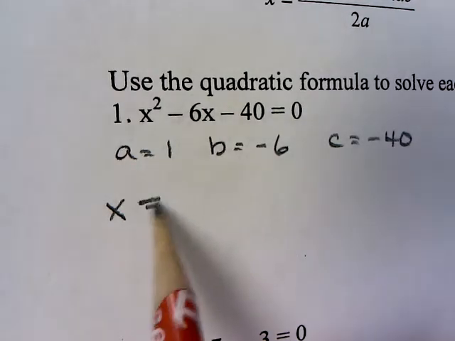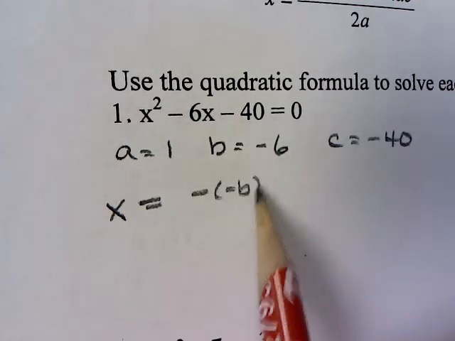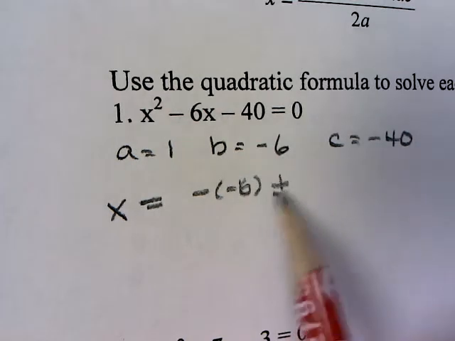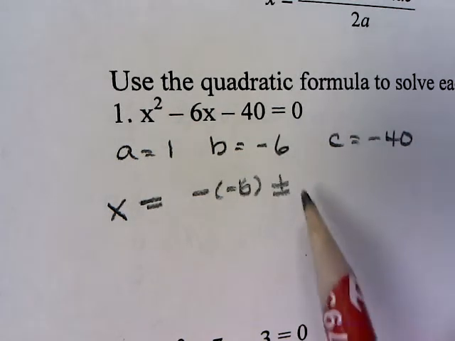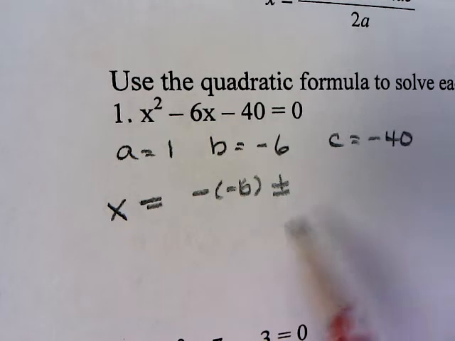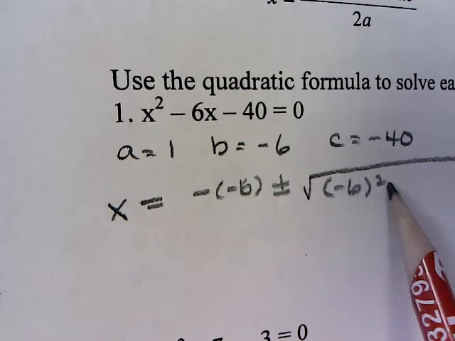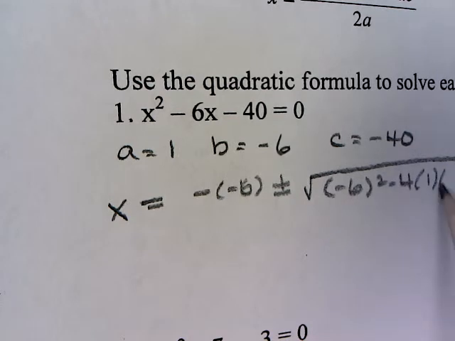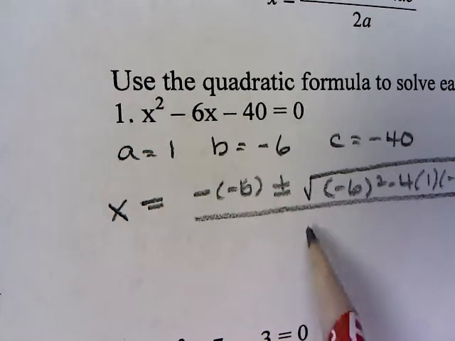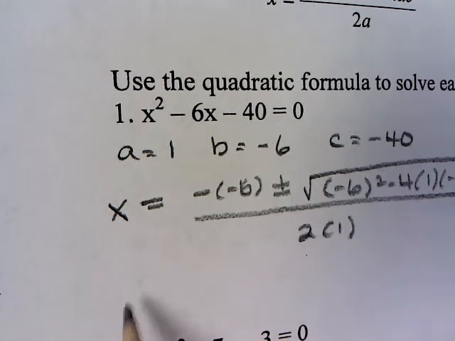So, x equals negative b plus or minus. Plus means I'm going to work it once, and plus and minus means I'm going to work it twice. I'll show you that in the end. Square root b squared minus 4 times a times c, all divided by 2 times a.